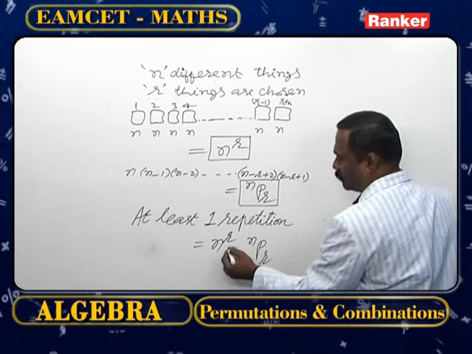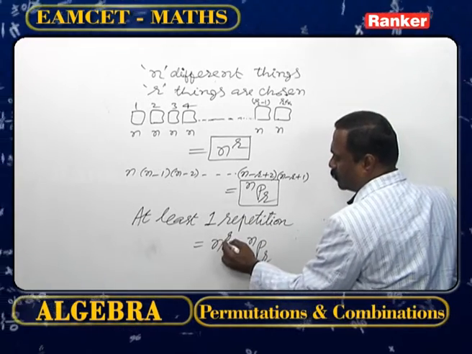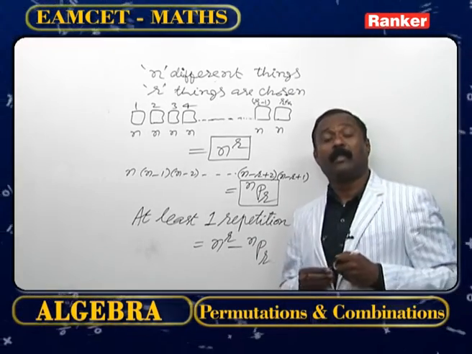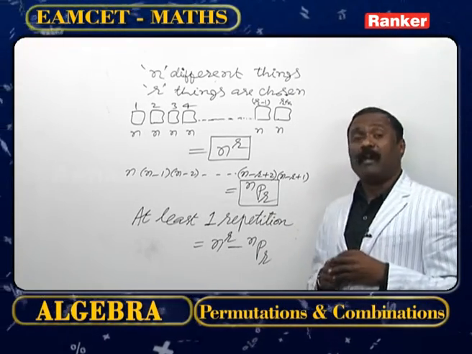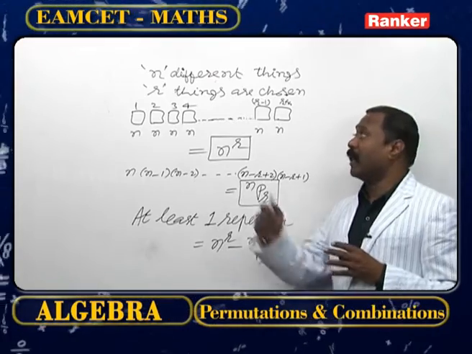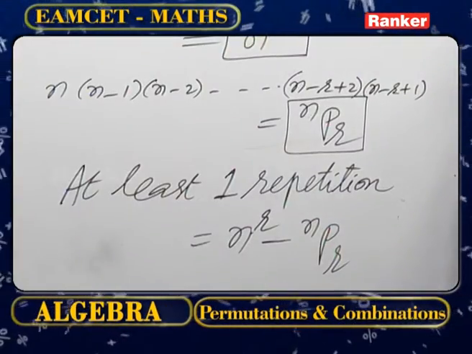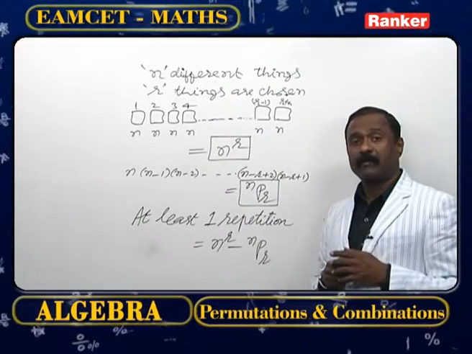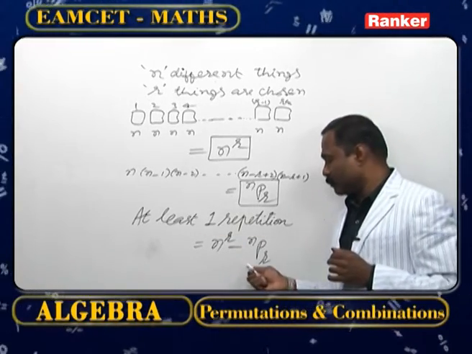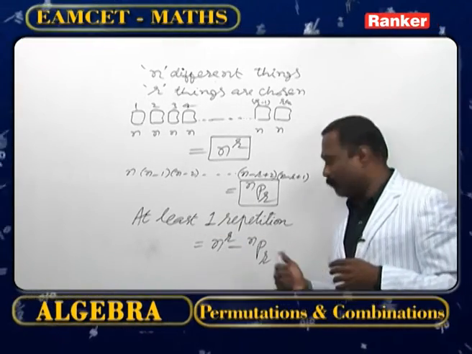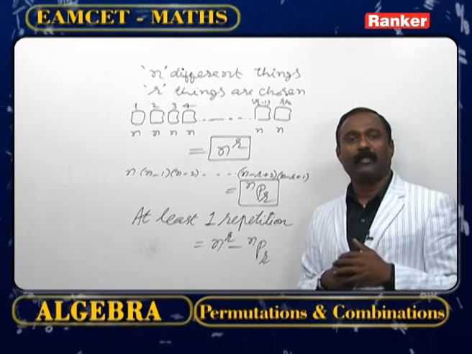Simple logic. So the number of arrangements of n dissimilar things by taking r at a time with at least one repetition is equal to n power r minus nPr.